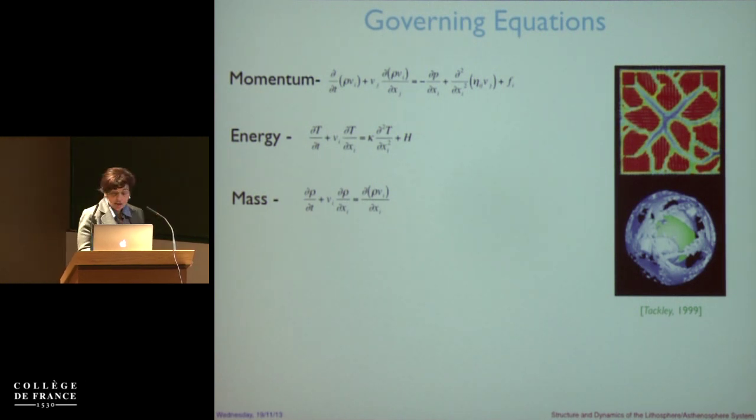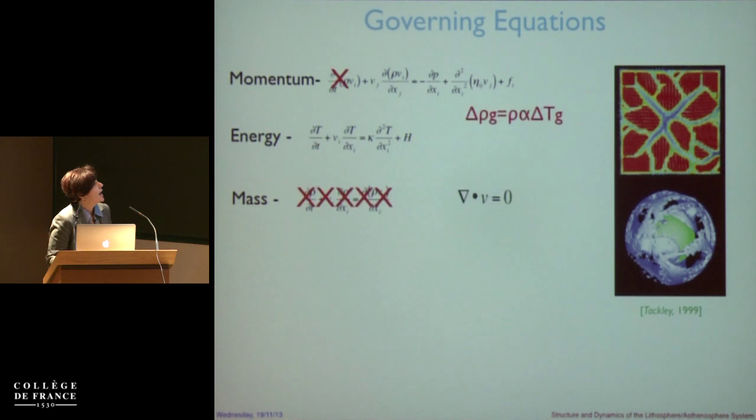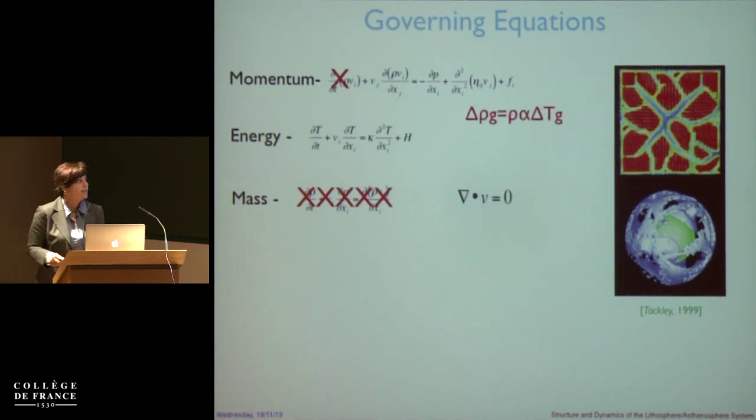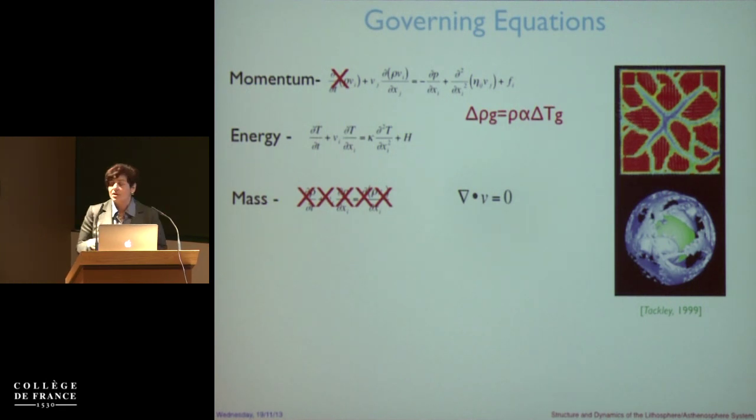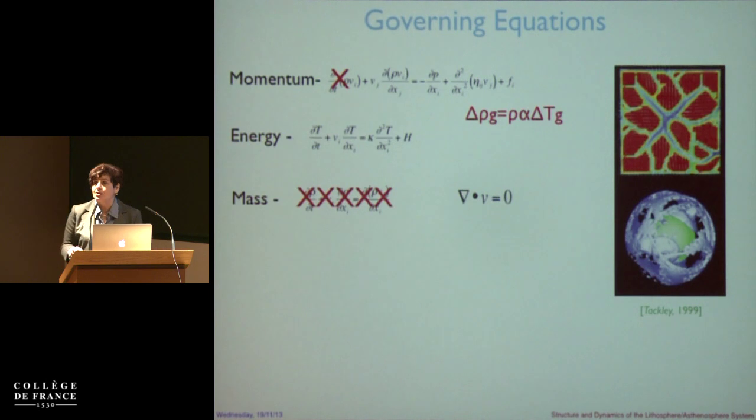There are some simplifications we can make, which come from the fact that the mantle is very viscous, and therefore the inertial forces are not important. Therefore, all the time evolution comes from making the velocity a slave to the temperature field.